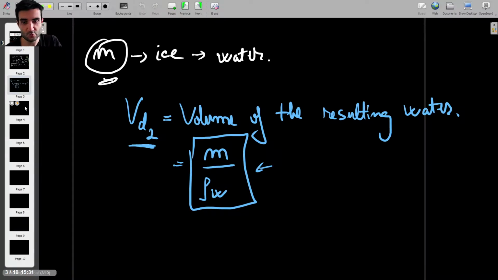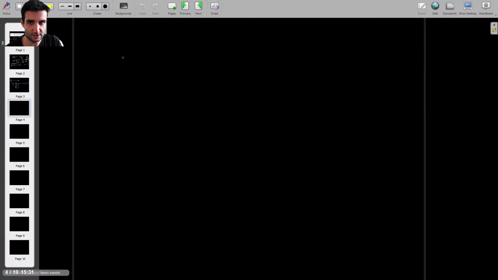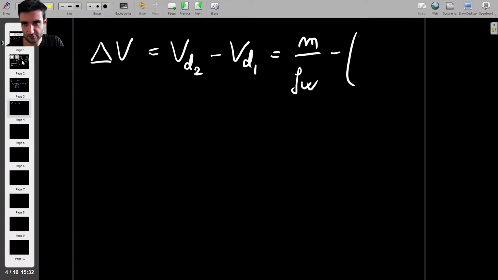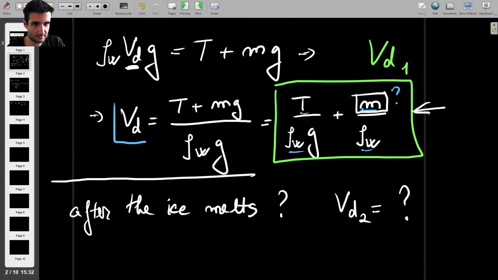So now we can find what the question wanted us to do, which is the change in height. But we'll first find the change in volume, and then we'll correlate that with the change in height. So the change in volume is going to be the final displaced volume minus the initial displaced volume. And we know the final displaced volume is m over rho W, and the initial displaced volume was this.